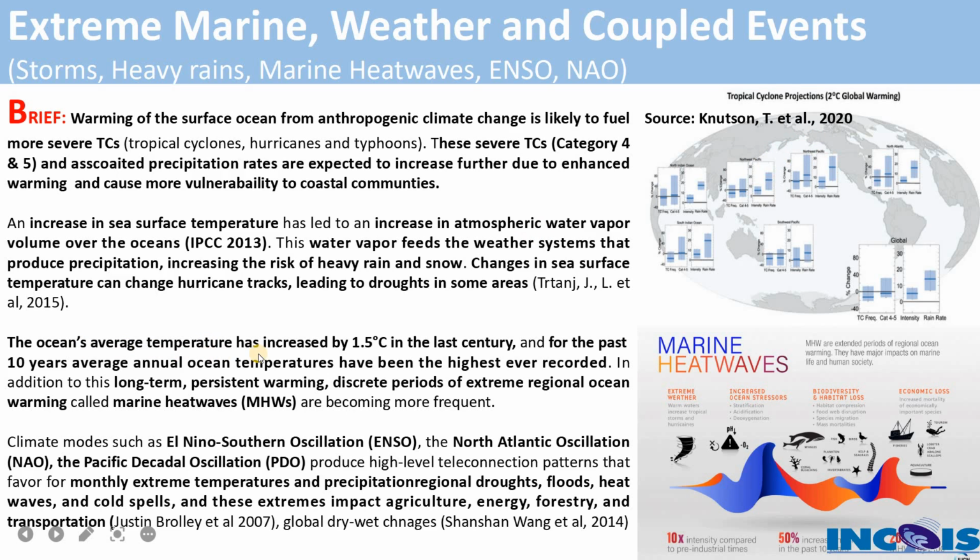And the ocean's average temperature has increased by 1.5 degrees Celsius in the last century, and for the past 10 years average annual ocean temperatures have been the highest ever recorded, right?